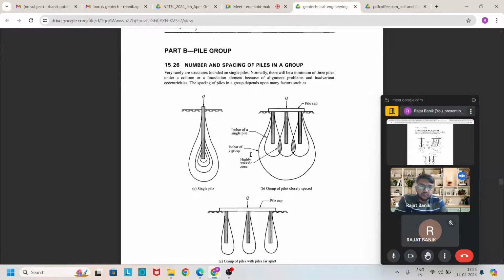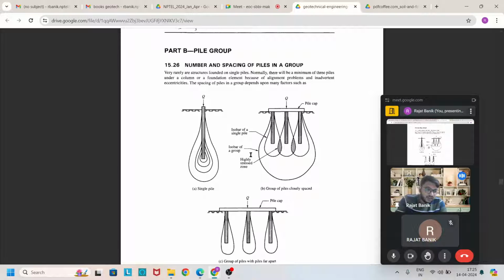So pile group: actually we don't use a single pile in pile foundation. We use a group of minimum two or three piles. Due to the group, around the surrounding surface there is a creation of pressure bulb or distribution of the pressure due to the pile. If you use a group, these pressure bulbs overlap each other, which reduces the efficiency of the group.